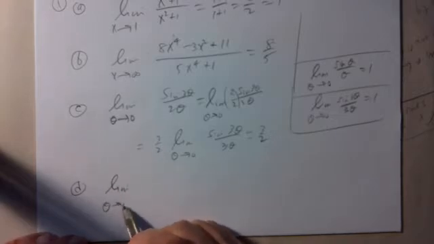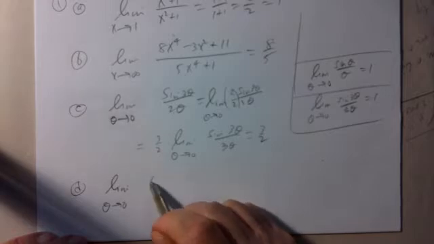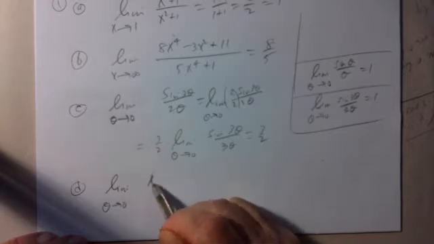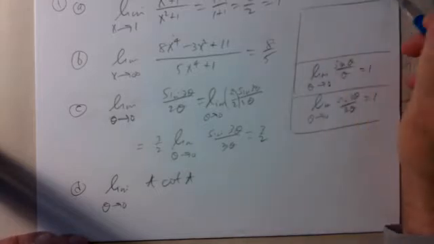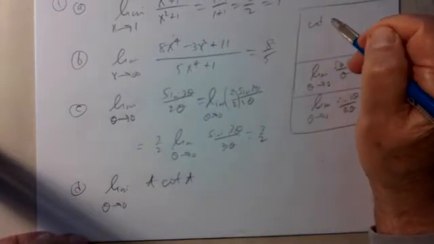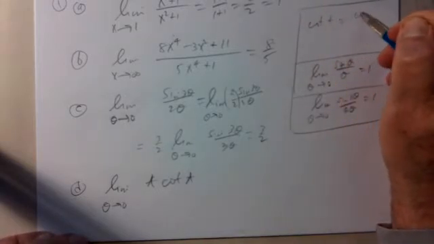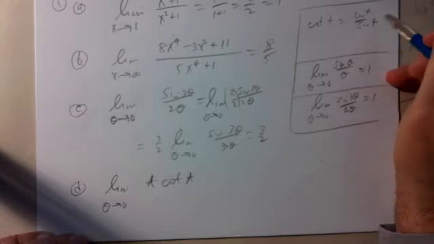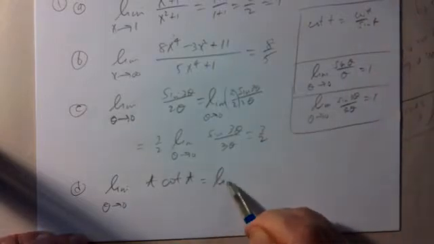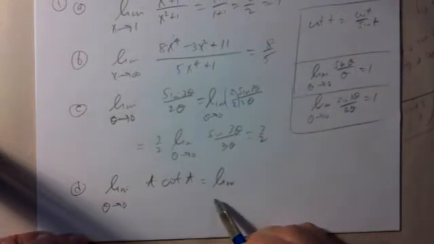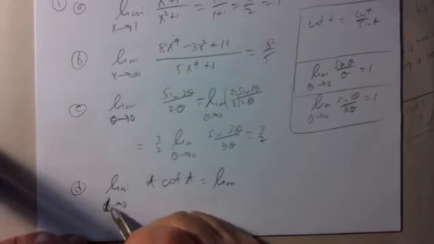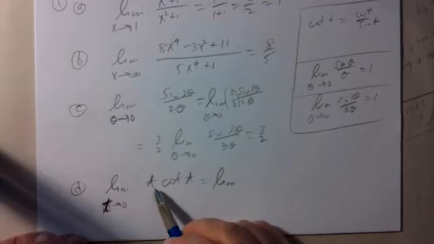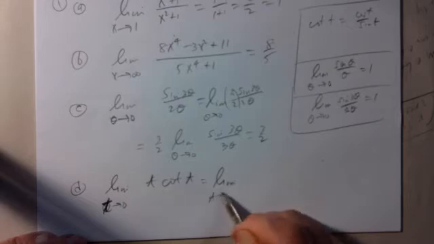And then D is the limit as theta goes to 0 of t times the cotangent of t. So again, you have to remember the definition of the cotangent is the cosine over the sine. There's a typo. This should be a t. T goes to 0, t cotangent t.